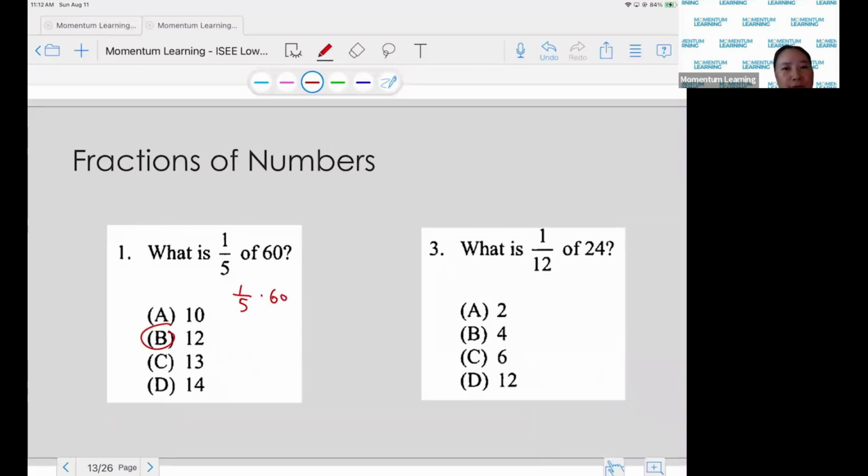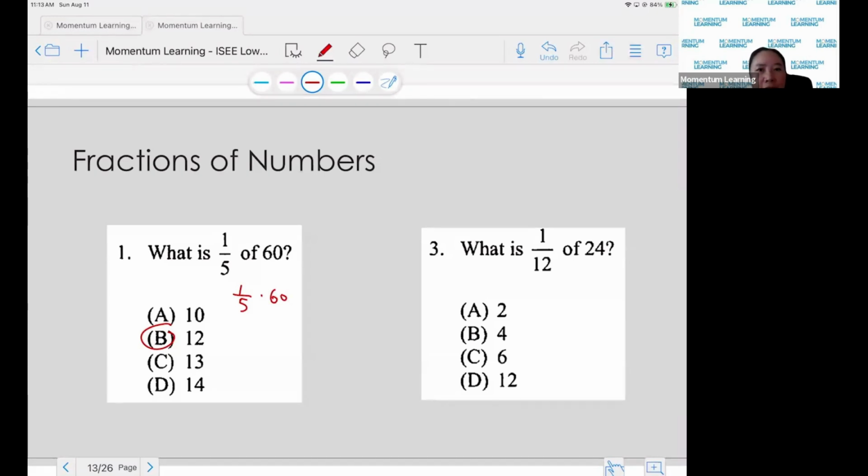What is 1 over 12 of 24? This is a similar question. Most of you are correct. Now how do we do this?